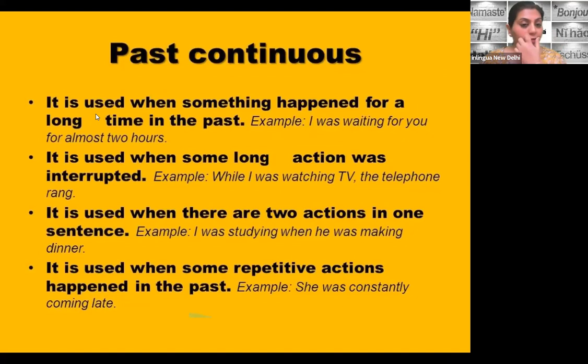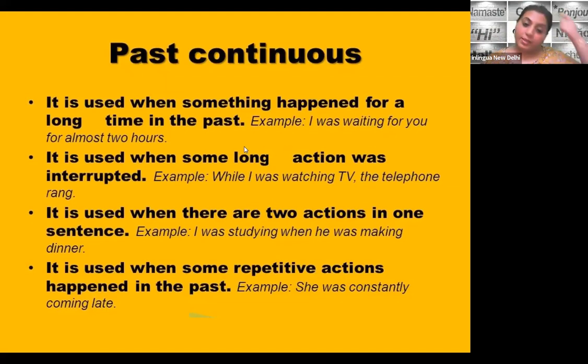In the first situation, we use this tense when something happened for a long time in the past. Example, I was waiting for you for 2 hours. Now, 2 hours is a long time. This waiting happened in the past, and that is why we are using past continuous. I was waiting for you for almost 2 hours.